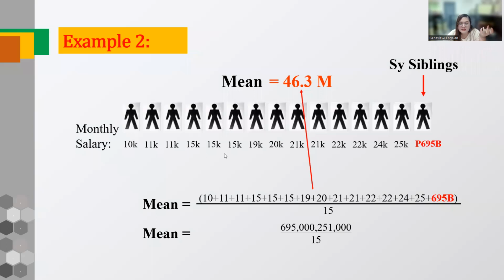And most of the employees here have salaries of only 10K, 20K, 25K. Only one reached billions, most are only in thousands of pesos. Our mean reached millions because of that one. So is the mean good to represent this kind of data?